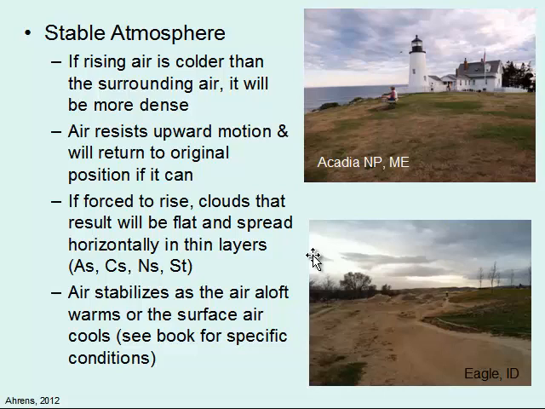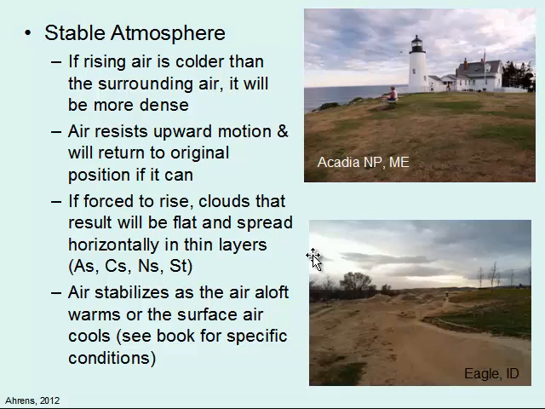If that parcel is forced to rise, you end up with clouds that will look flat and more spread out horizontally in thin layers, like the stratus clouds. So altostratus, cirrostratus, nimbostratus are all examples of those flat clouds. And as you have this air aloft, it's going to be stabilizing as it warms or as the air at the surface cools.